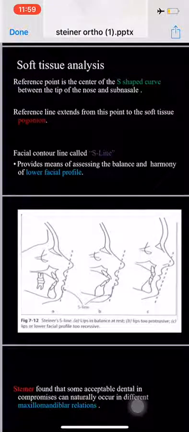The facial contour line is called S-line، وسماه هذا الدوت لاين.